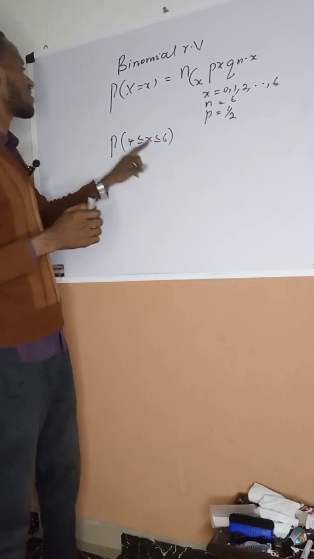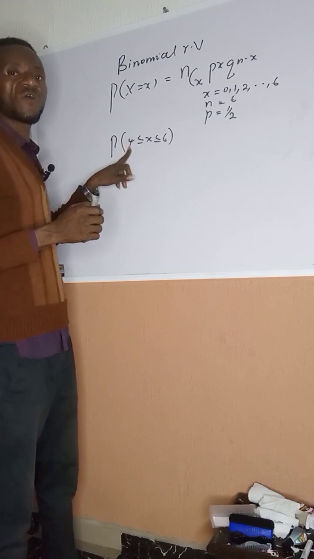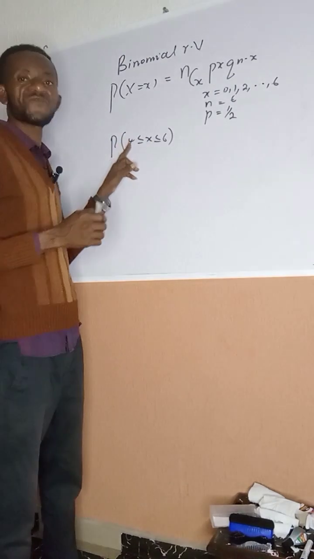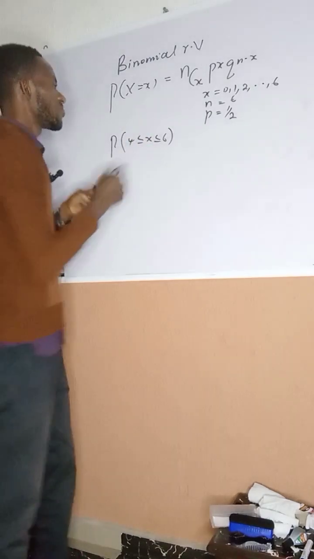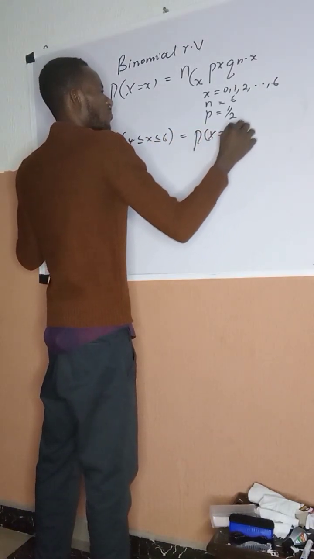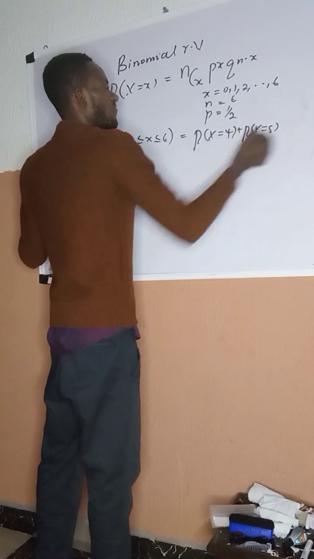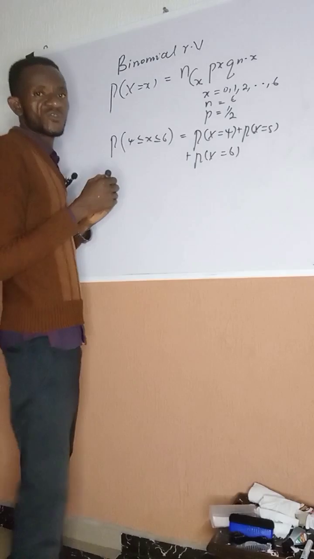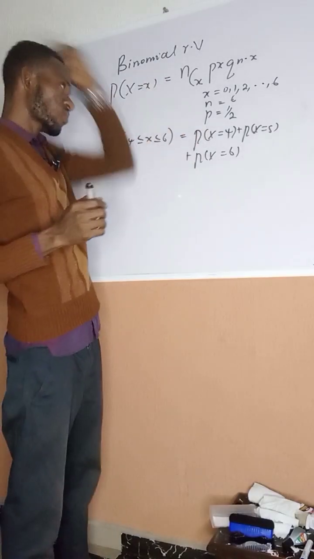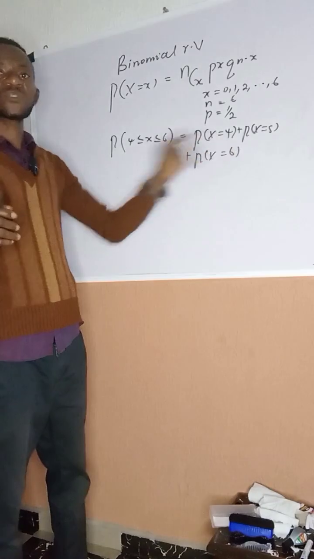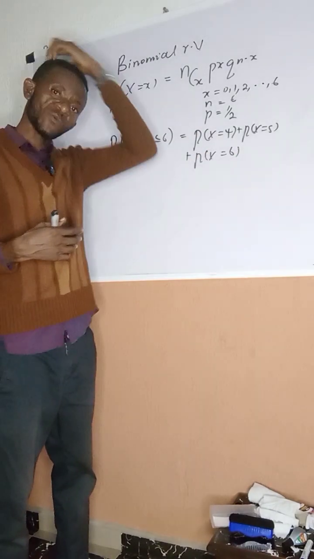That is the probability that x is greater than or equal to 4, but less than or equal to 6. So we are going to start from 4 and end at 6. So this is going to be the probability that x equals 4, plus the probability that x equals 5, plus the probability that x equals 6. So when we evaluate these, we must have arrived at the answer.